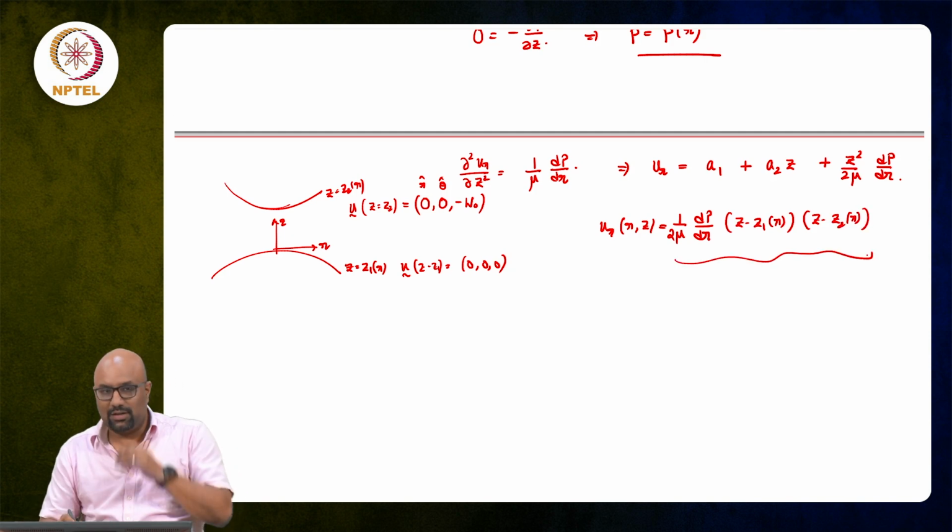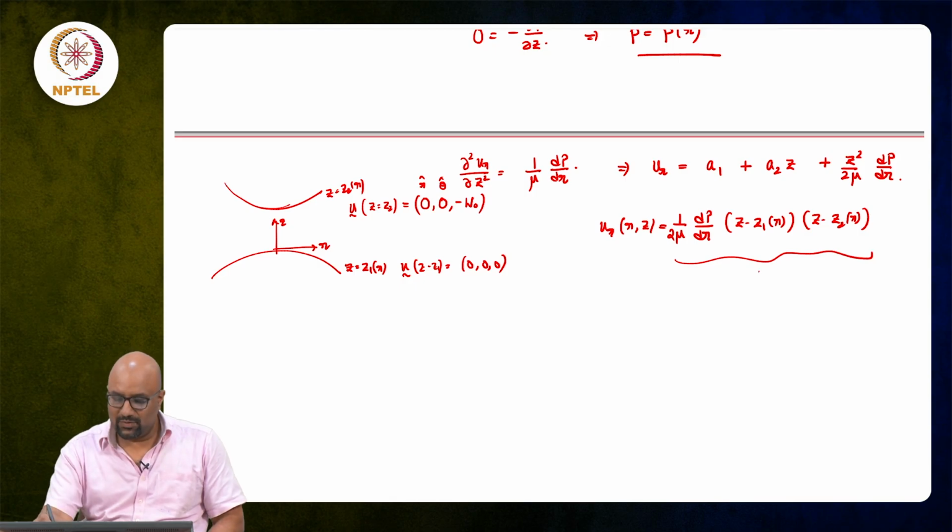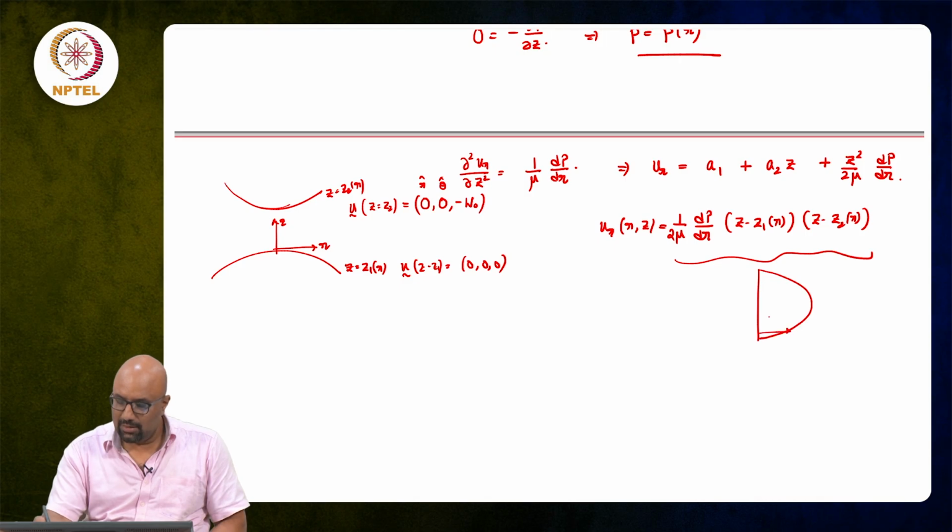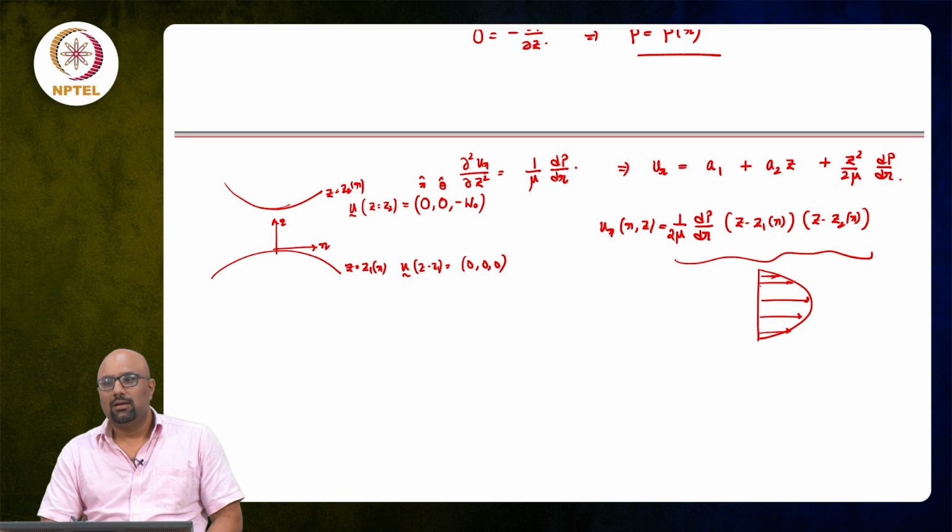Does this velocity field remind you of something? This velocity field appears like a local channel flow or a Poisson flow, right.